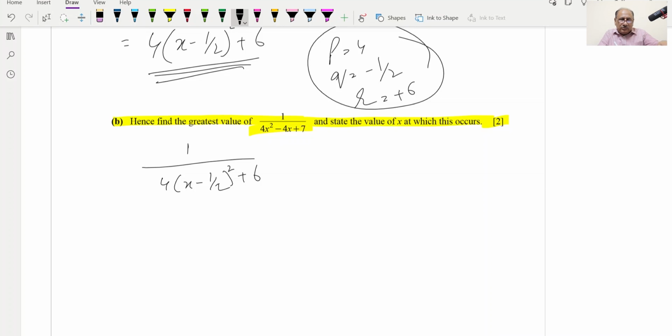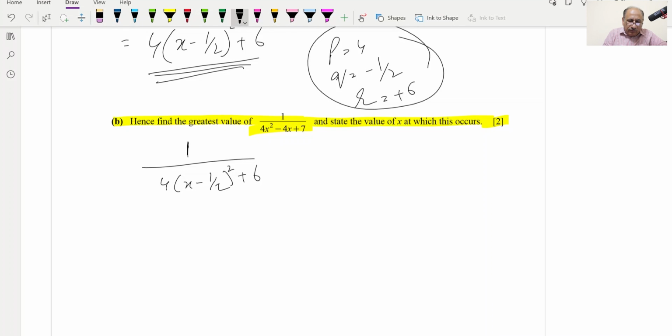Now hence find the greatest value of this. The greatest value will be when the denominator should be minimum. Then in that case we'll get the maximum value because this is a fraction.